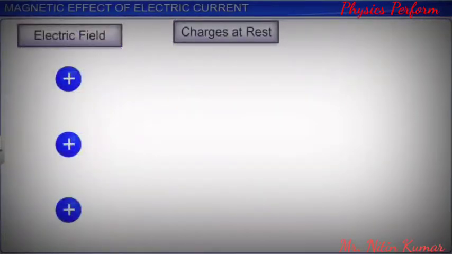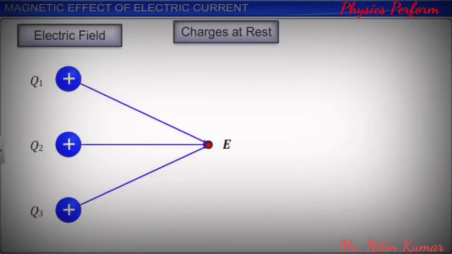If there is more than one charge in the space under consideration, the electric field at a particular point is due to more charges. Consider three charged spheres with charges Q1, Q2 and Q3 placed at different locations as shown. Then, the fields due to all the charges should add vectorially.